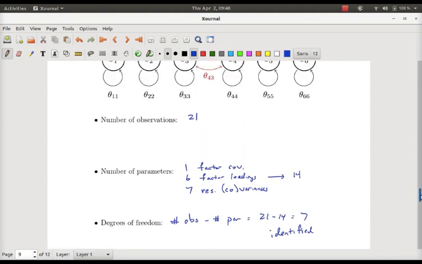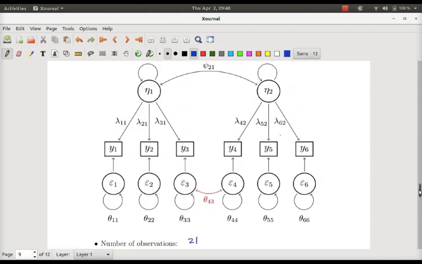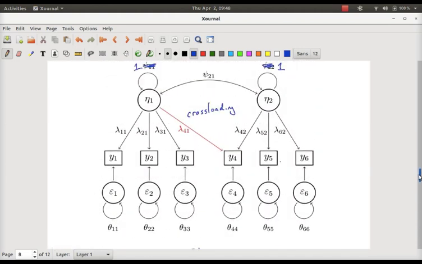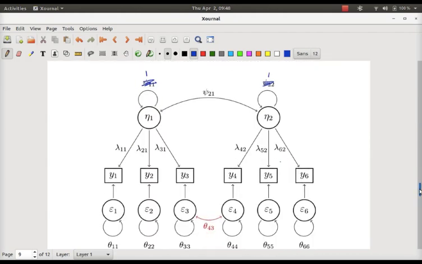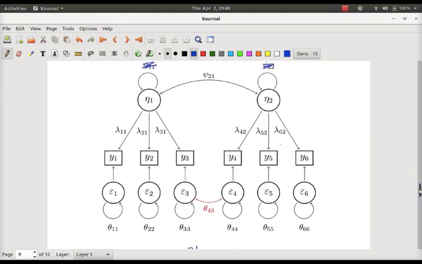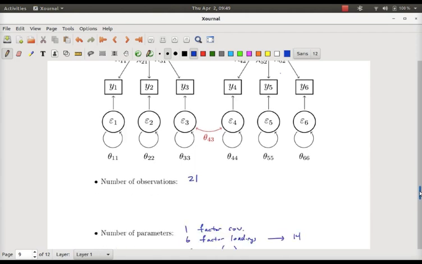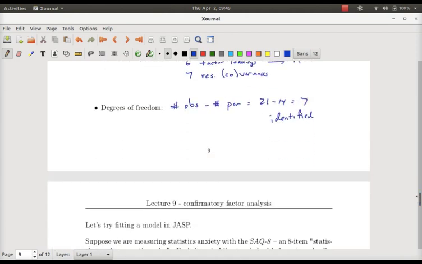Quick note, we're not going to do anything as complex as these past 2 models, so having residual covariance or having cross-loading, that'll be for the next lecture, but just know that it can happen and you can still fit these models. Okay, so that's a little bit about the theory part of structural equation modeling, and particularly confirmatory factor analysis.